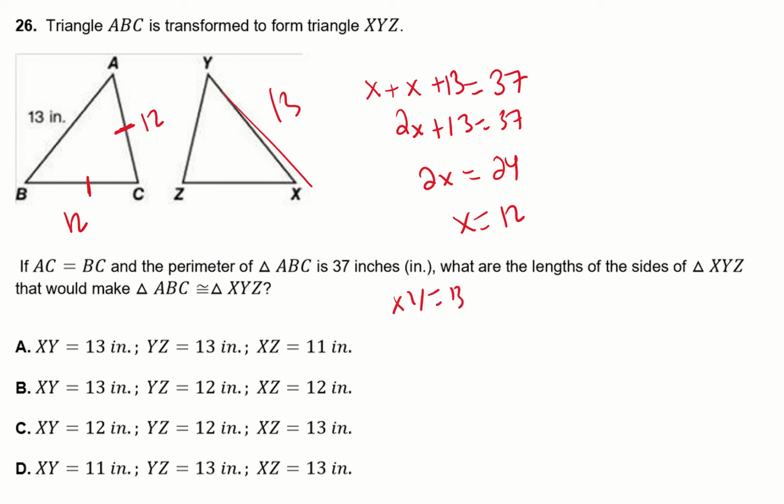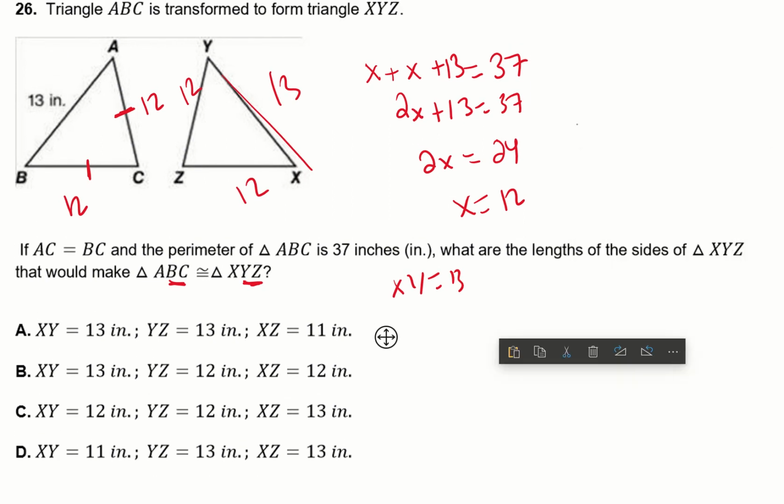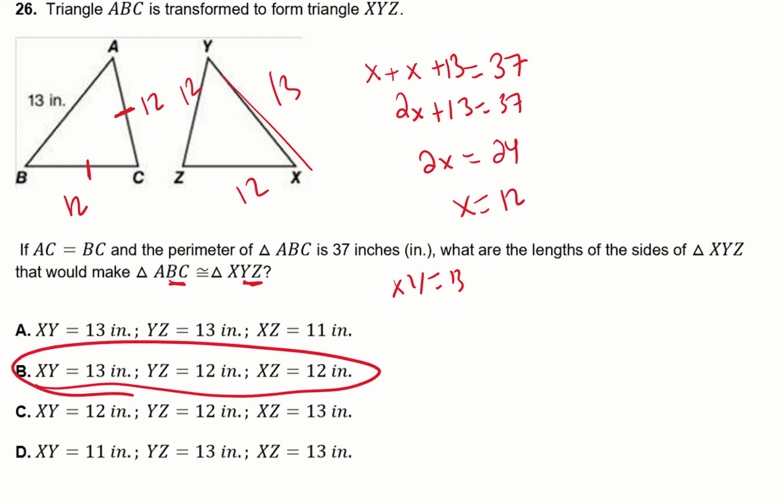We can also tell from this congruence relation that BC is congruent to YZ, just based off of that order. So that means the other two sides have to be 12. All right, so XY is 13, YZ is 12, and XZ is 12. So we have here, looks like this guy. This is the answer.